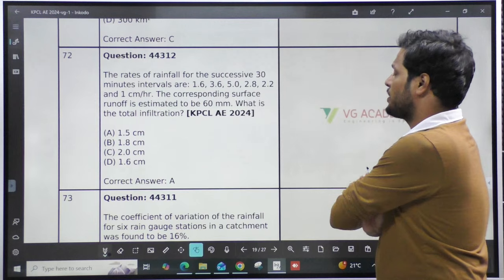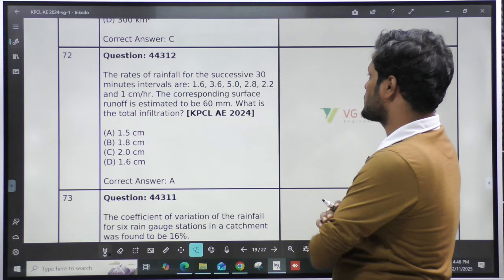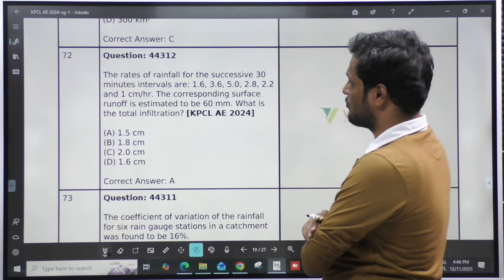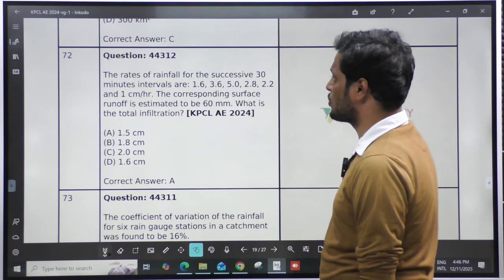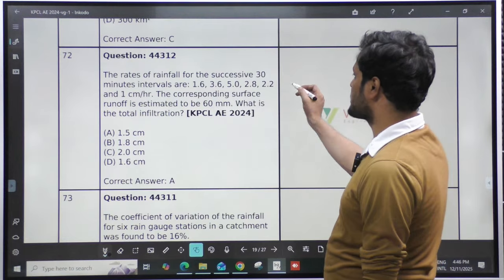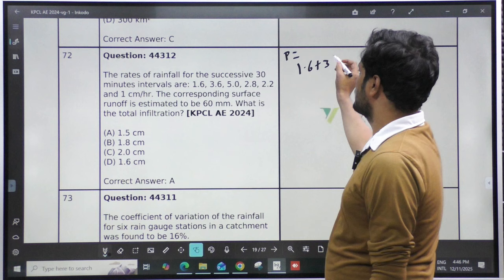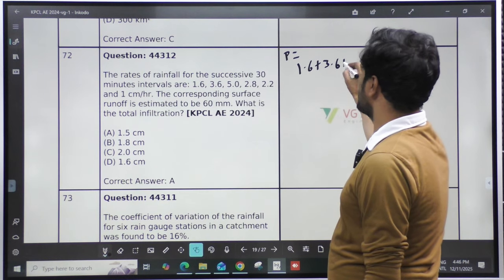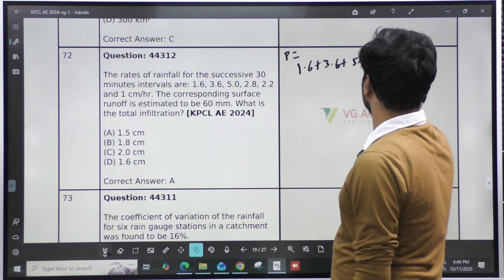The rates of infiltration for the successive 30 minutes interval are 1.6, 3.6, 5, 2.8, 2.1, 1 centimeter per hour. The corresponding surface runoff is 60 mm. What is the total infiltration? So total precipitation is 1.6 plus 3.6 plus 5 plus 2.8 plus 2.2 plus 1.